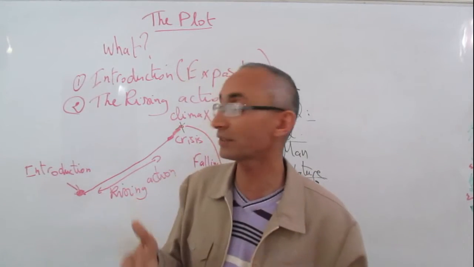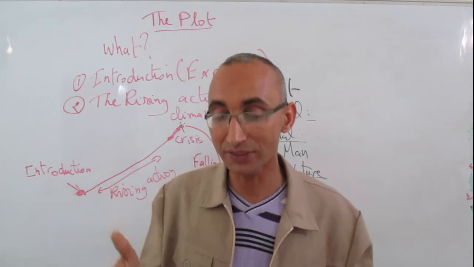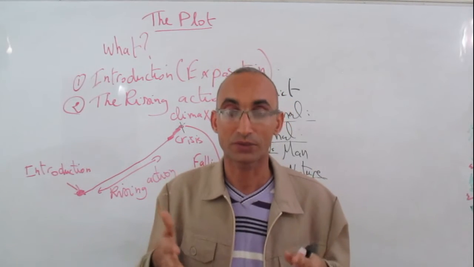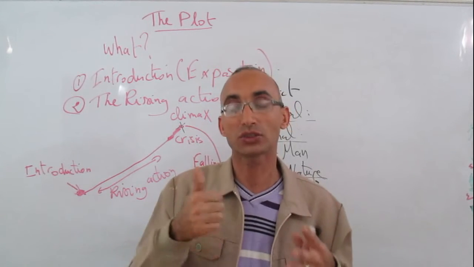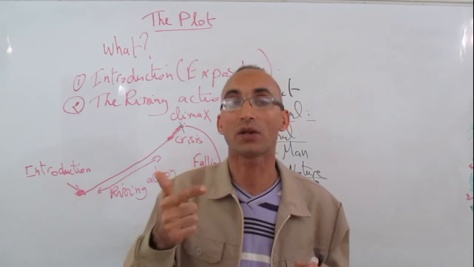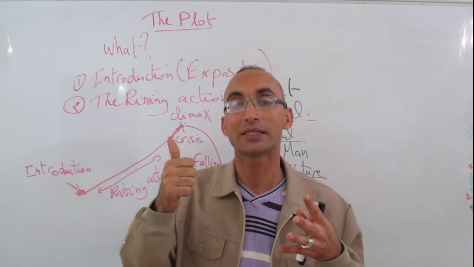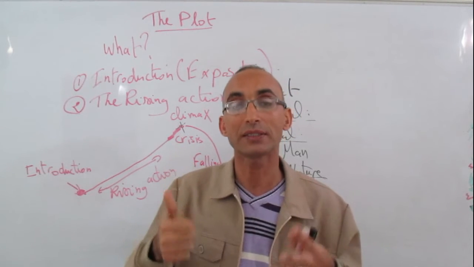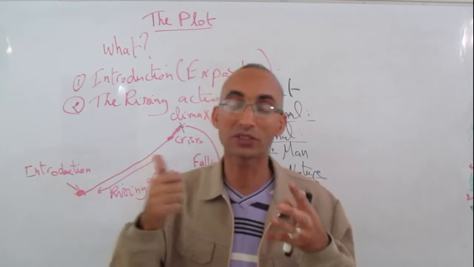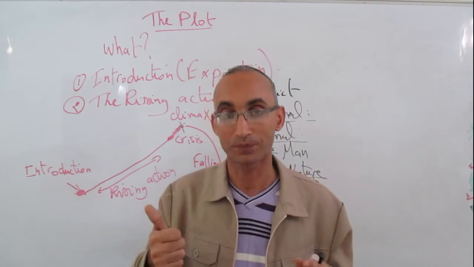So this way is called chronological or linear also. Linear type of ordering story events. Ordering the plot events. Clear?